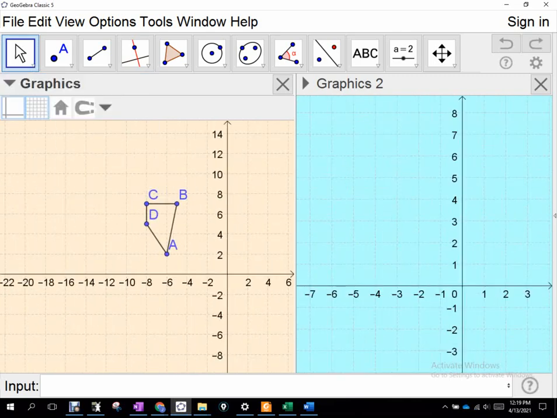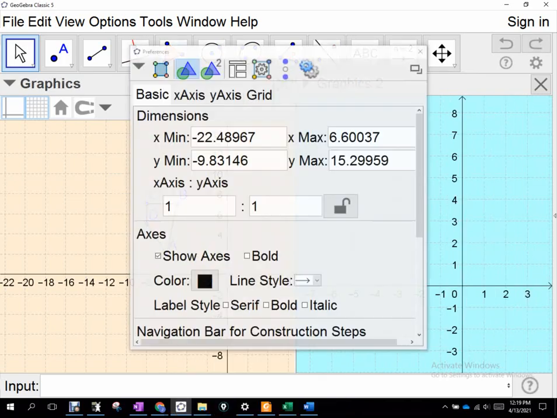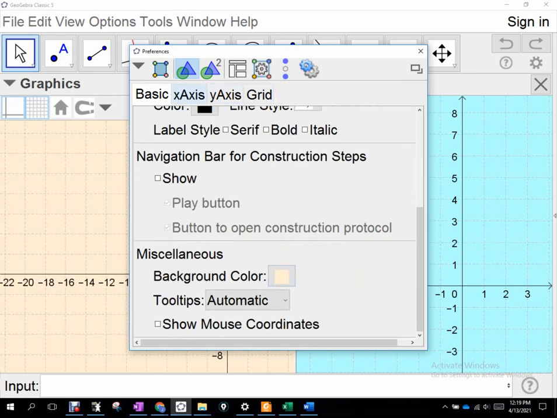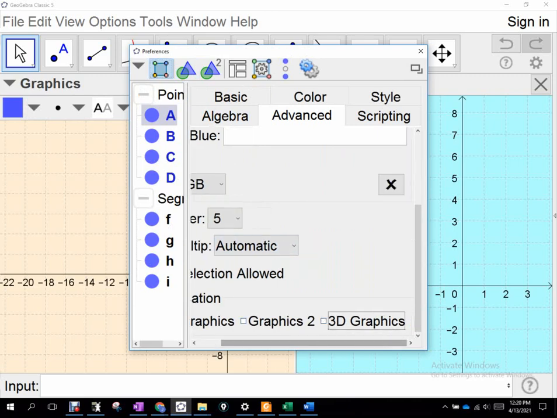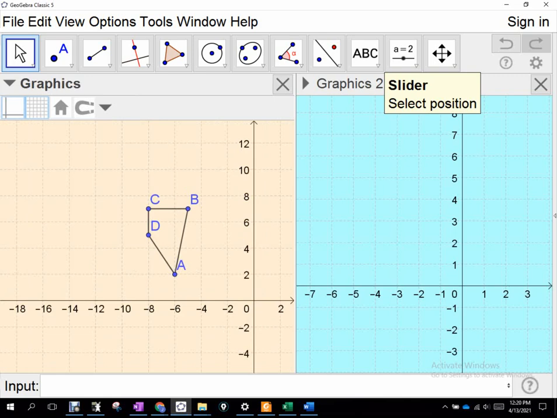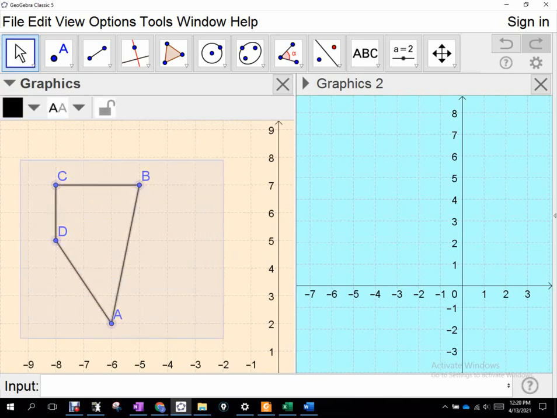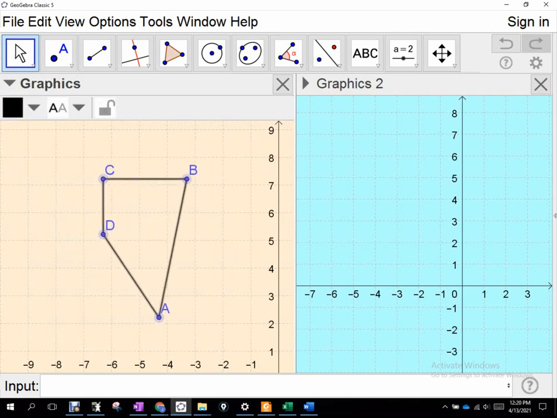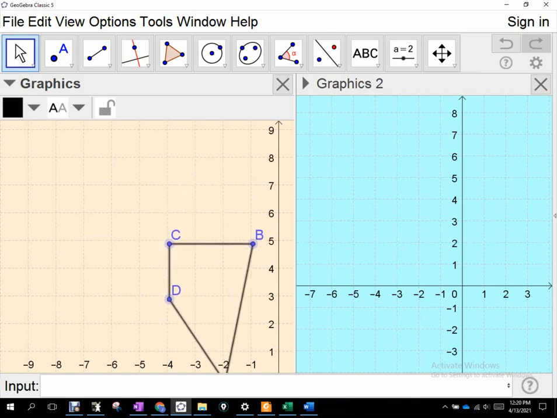Control C, Control V. All right, moving right 4: 1, 2, 3, 4, and then down 3: 1, 2, 3.